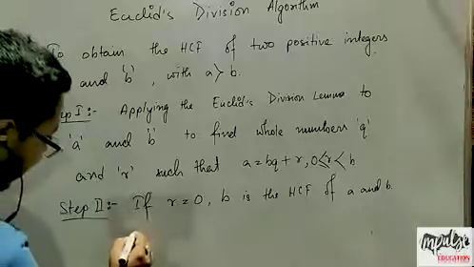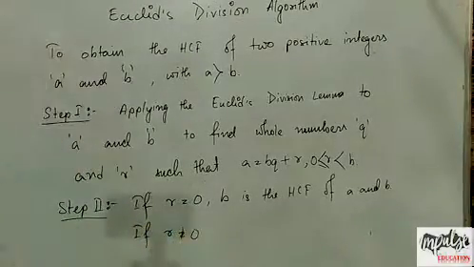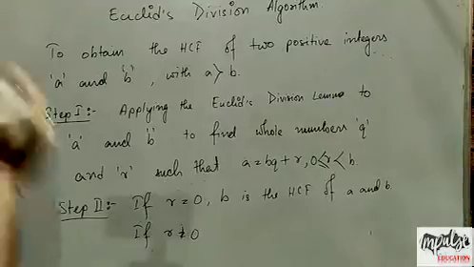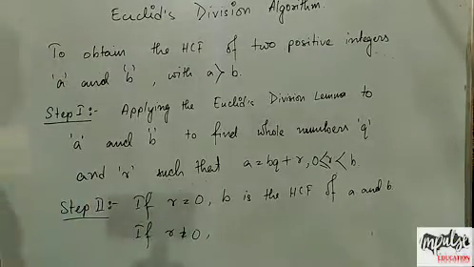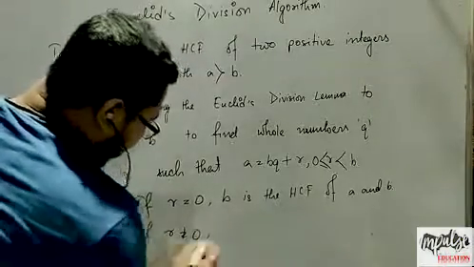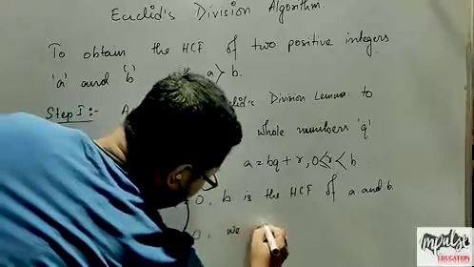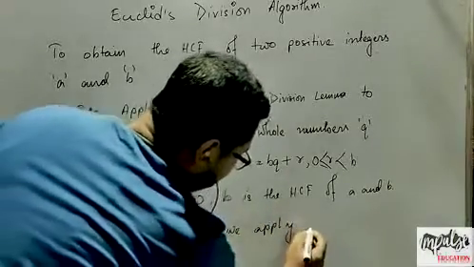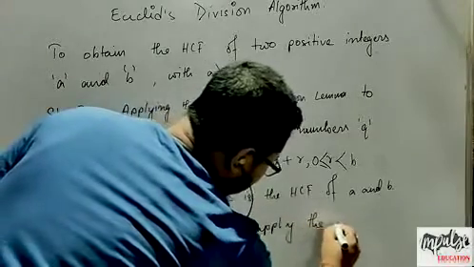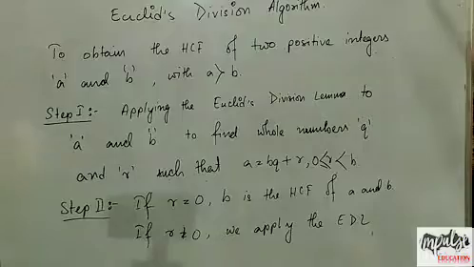Now what will happen if R is not equal to 0? If R is not equal to 0, then we apply the EDL, that means the Euclid's division lemma.